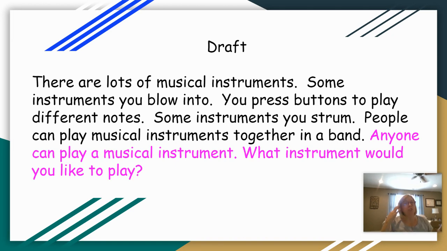Okay, now remember, this is a draft, and next week we'll work on it a little bit, okay, to make it a published piece. So as I said, you have Wednesday, Thursday, and Friday, okay? If you get it done Wednesday, great. Hold on to it. You don't send it to me yet because it is a draft.